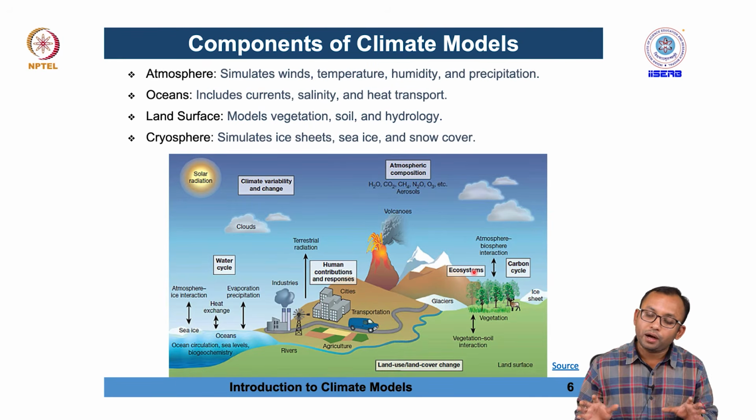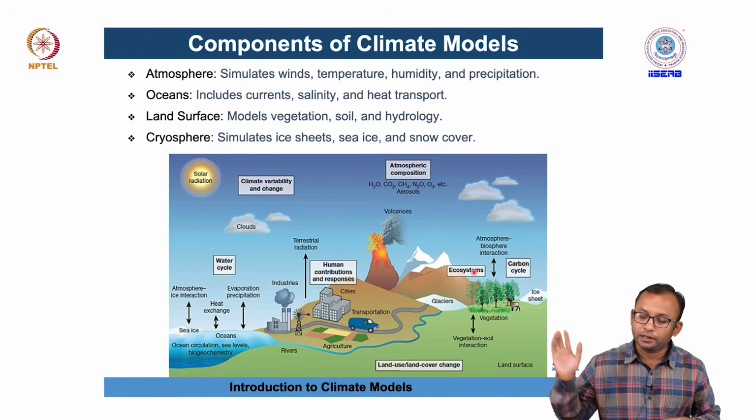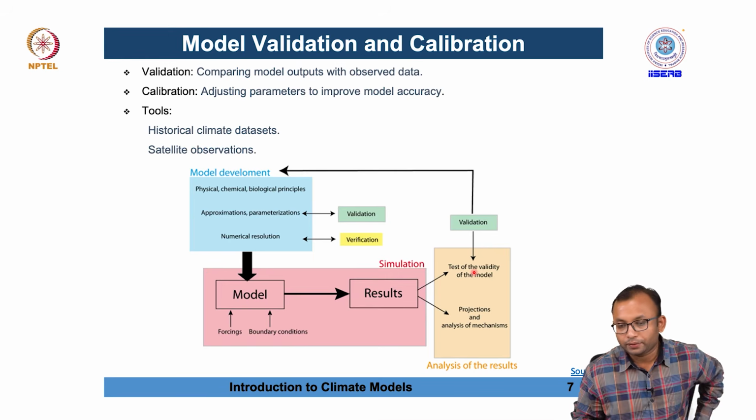So all of them interact within the global climate model, and based on this complex process response, we can find out how much the behavior has changed under different scenarios.